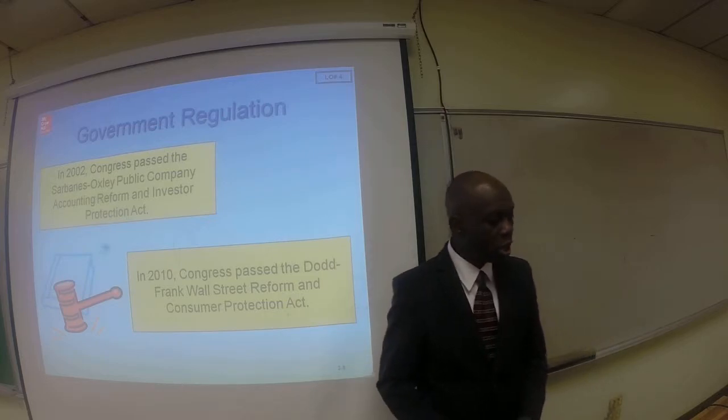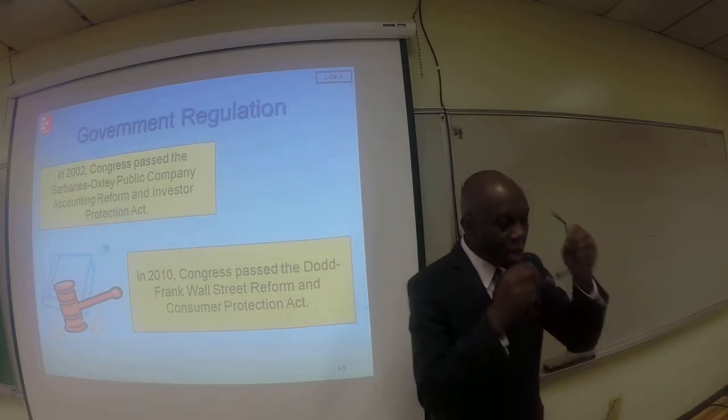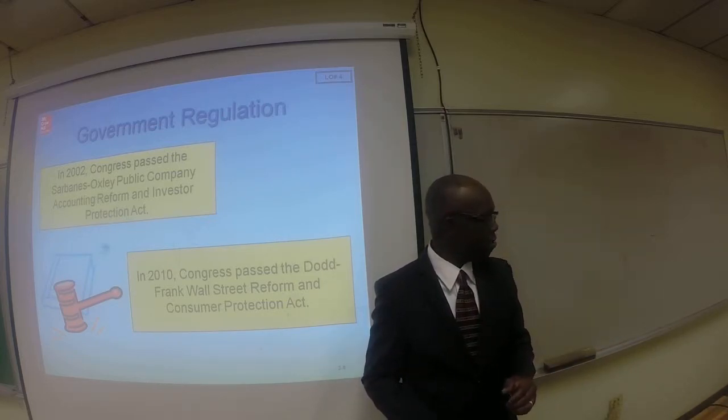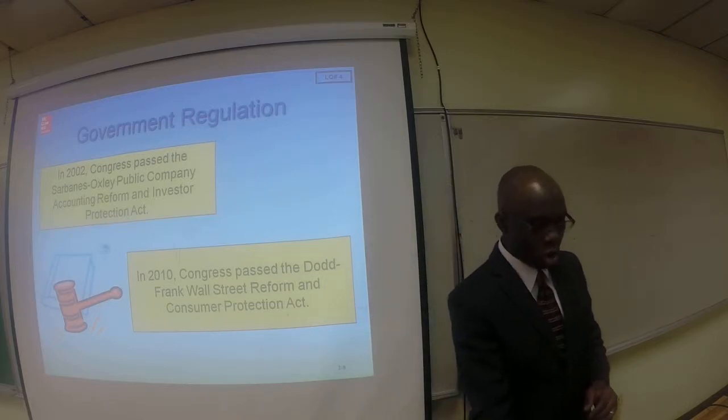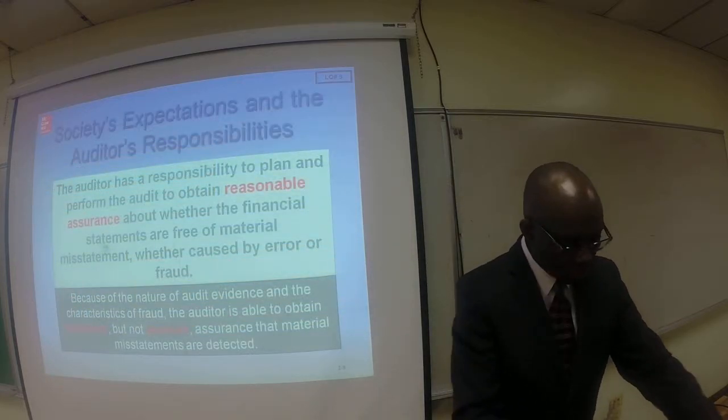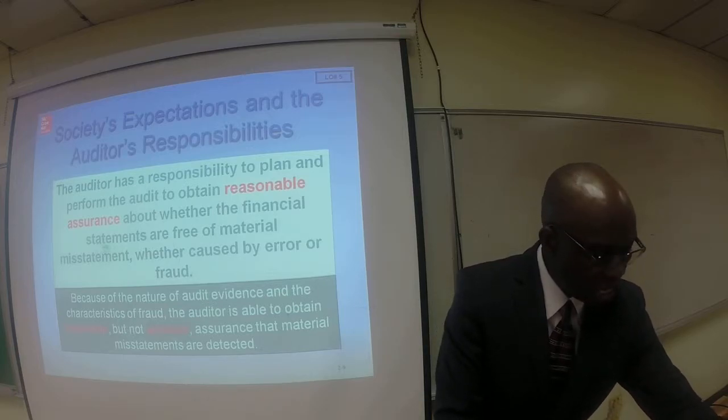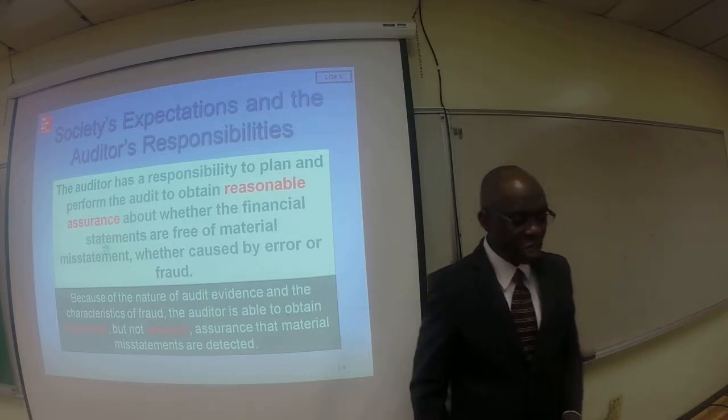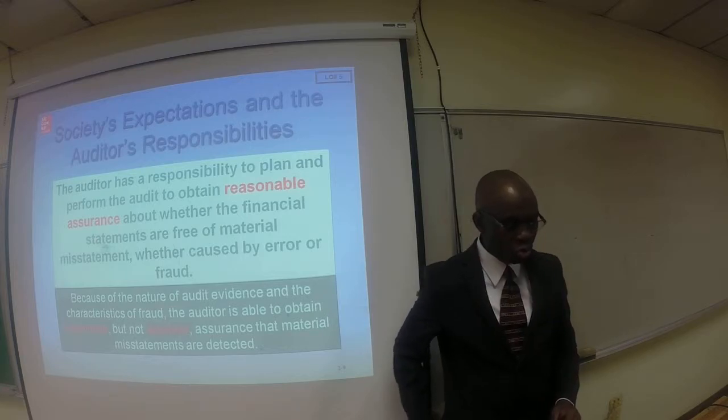So we are going to talk more about government regulation of our profession in due course. So moving along, let's take a look at society's expectations and the auditor's responsibilities.